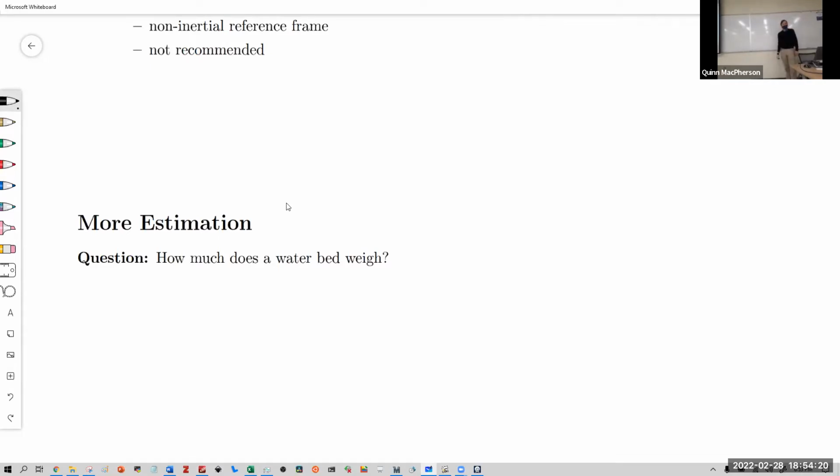I don't like feet. They're not really good for metric units. So 7 feet is about how many meters? About 2 meters. It's a little over 2 meters, but not that much over.